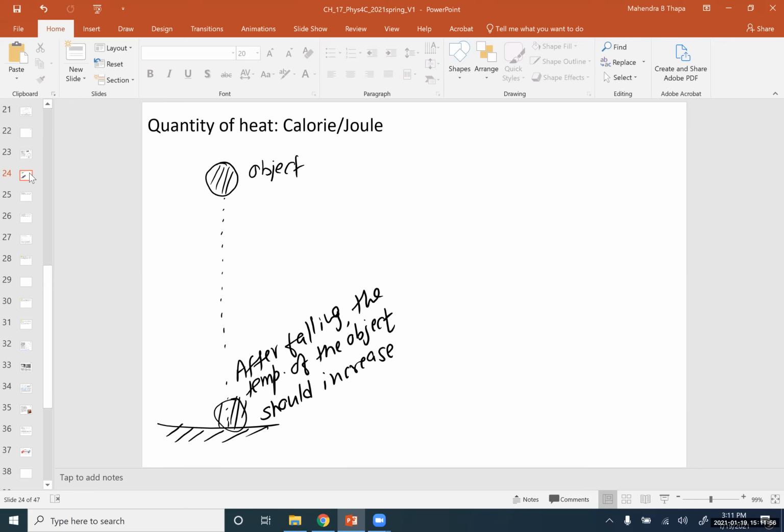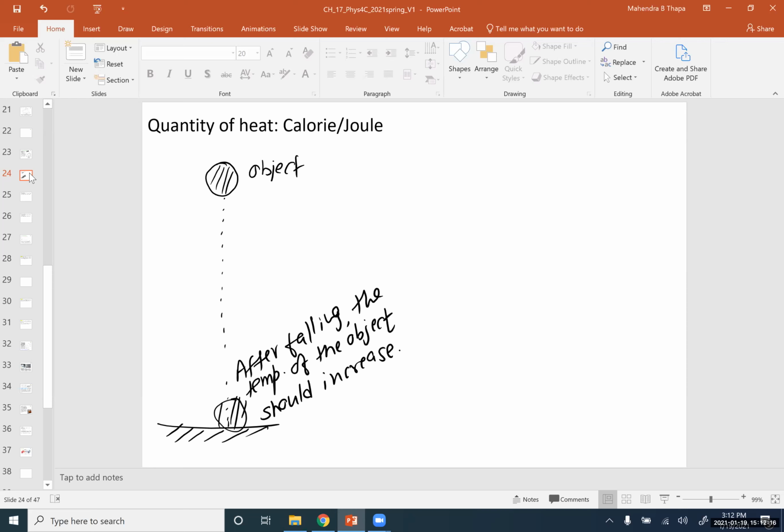Okay, this can be noticed only if the object is held at a very high place. So the height should be bigger.